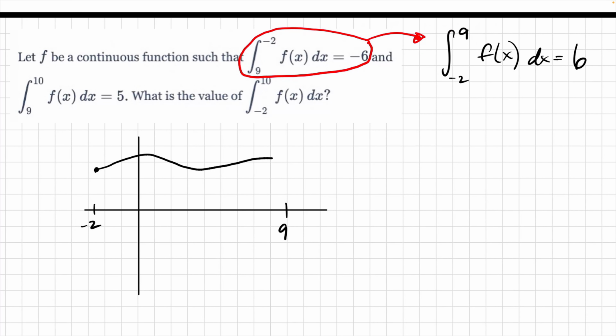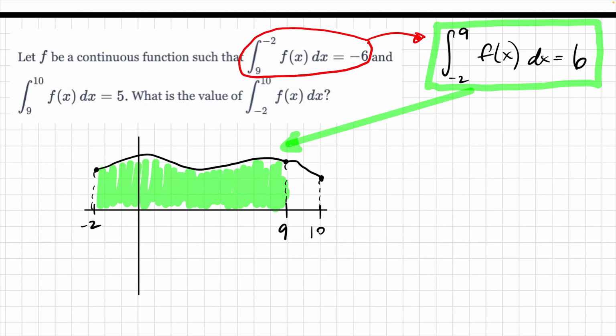I don't know, but it gives me a little sketch so that I know what I'm looking at. That's that area. And then they tell me from 9 to 10, the area is 5. That's also positive.